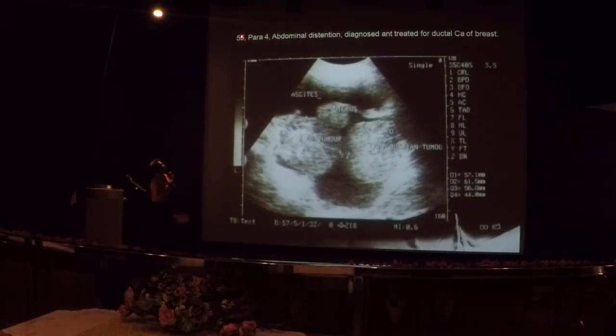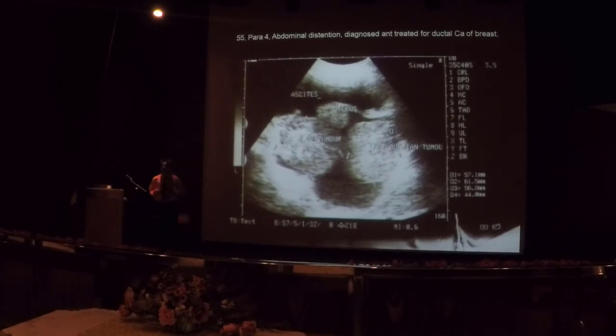So you have a 55-year-old lady, para 4, referred for abdominal distension, but previously diagnosed to have ductal carcinoma of the breast. So what do you see? Uterus, ascites, bilateral solid ovarian tumors.